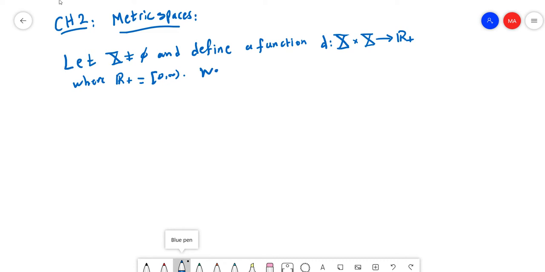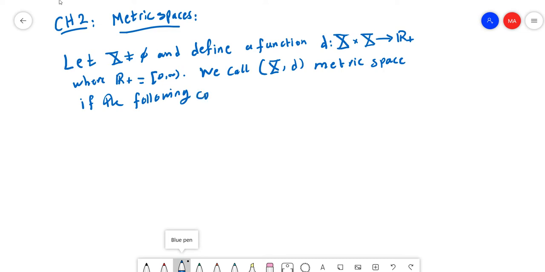We call (X, d) a metric space if the following conditions hold.